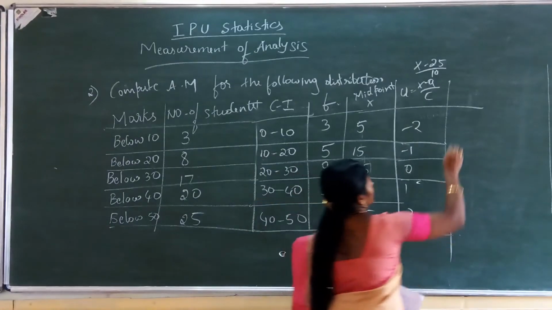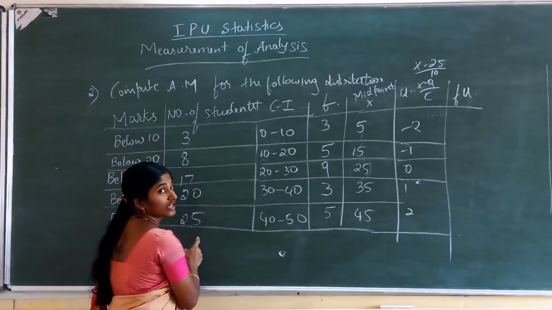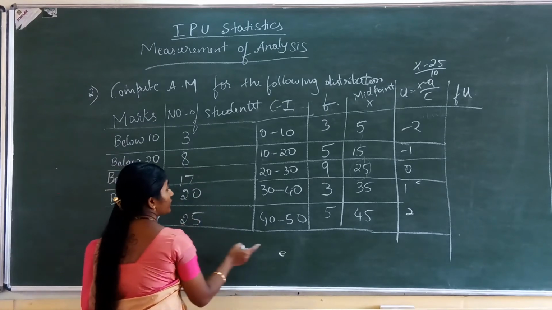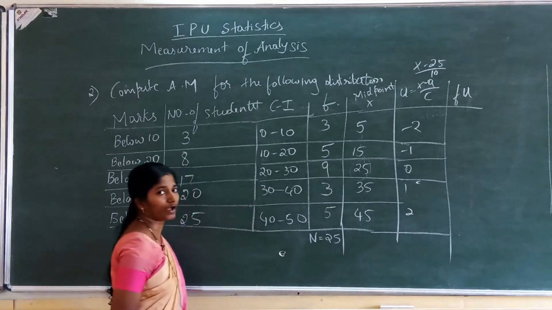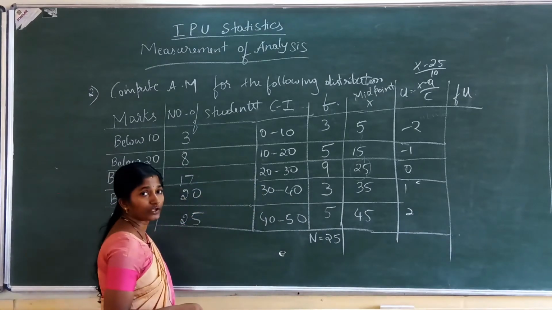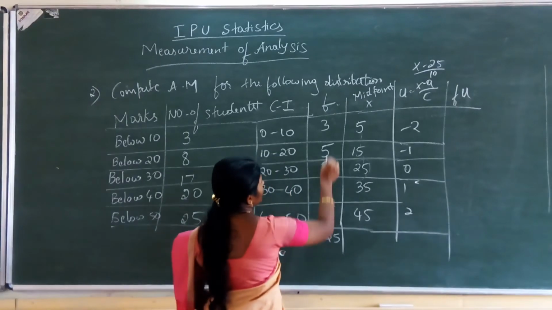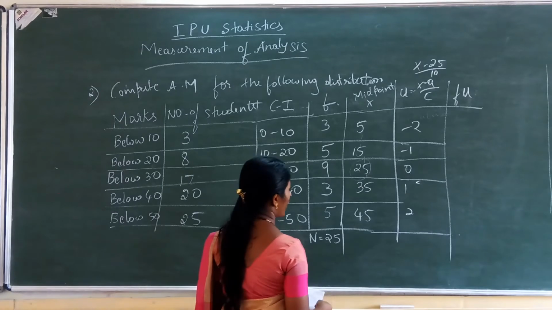Now f into u. Your frequency is this one. Don't take this one as frequency. Observe here 3, 8, 17, 20, 25, this is the less than cumulative frequency distribution. That means n is equal to the total of the frequencies, that is 25. Add all these values, your answer will be 25.